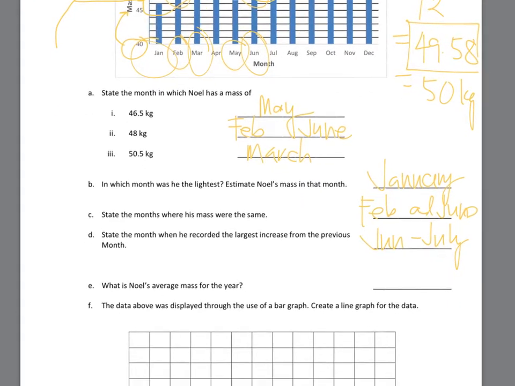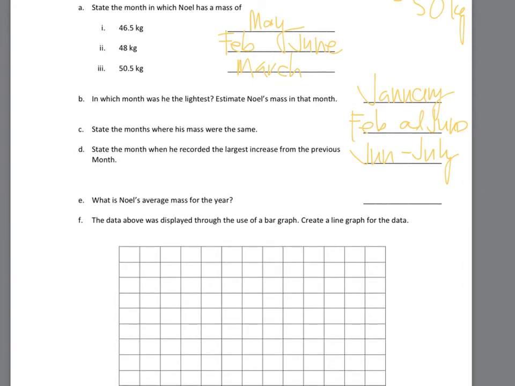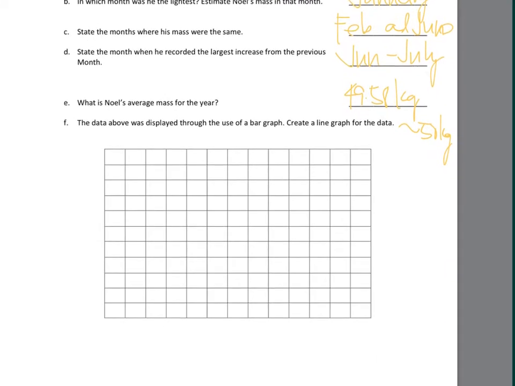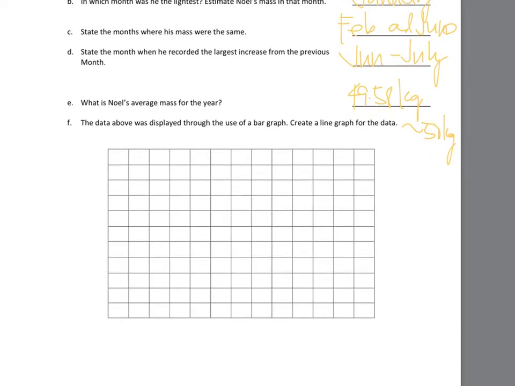So let's rewrite the answer here. It's 49.58 kilograms, or approximately 50 kilograms. Okay, finally we need to display the bar graph data through a line graph. To do this, you can use every grid line for the months.